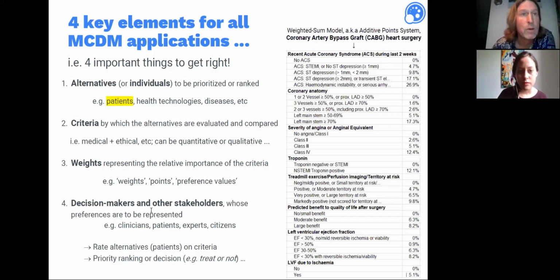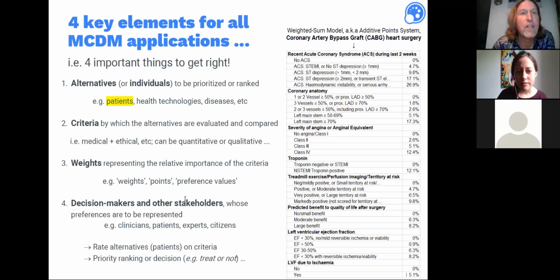Clearly in this example, the other stakeholders would be things like patients, but they wouldn't be probably involved in these criteria because these are clearly very medically orientated, but the clinicians who are acting as experts would be acting on behalf of the patients.